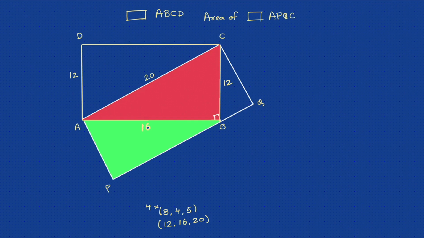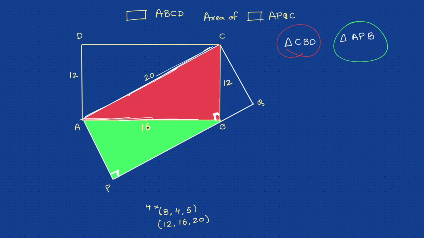How can I prove these two triangles to be similar so that I can get the side of APQC? Now let's see, one angle is 90, which is quite clear because it is a rectangle, right? So in CBD, which is in red, and APB, which is in green, I know one angle is equal because it is 90. I need to prove the other angle is equal so that I can prove them similar by the AA test.